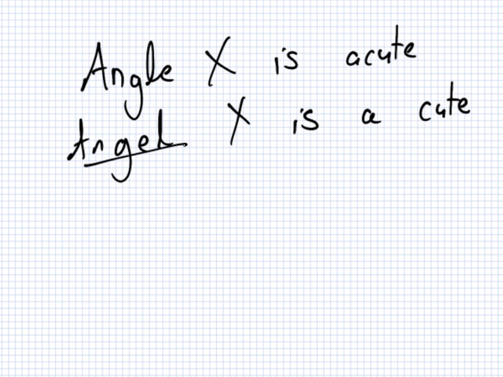Okay, it's not the same as this word. And this, acute, it's not the same as this. It's just the space. Different meaning. What does acute mean? Less than 90.